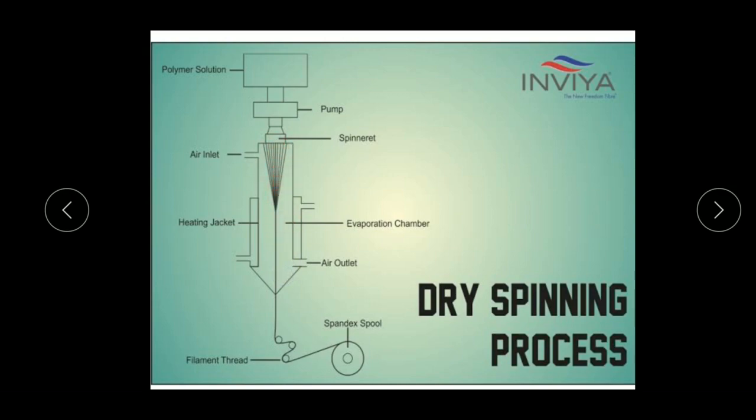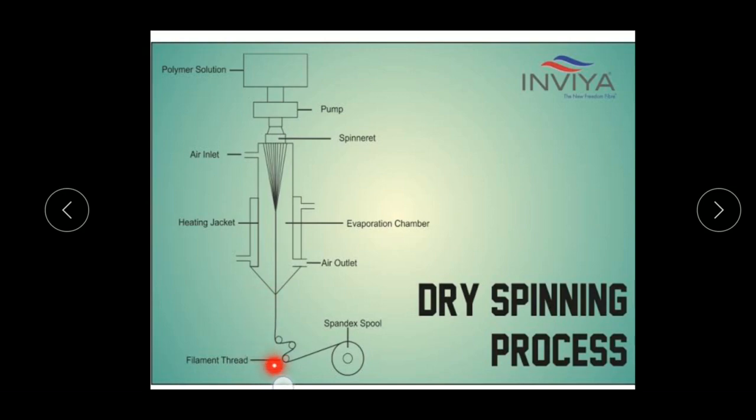At the bottom we provide an air outlet port, through which the hot air escapes to the atmosphere. There are two bottom ports, left side and right side, and heating jackets are provided to maintain the temperature of the evaporation chamber.